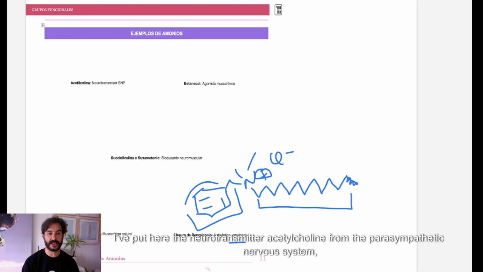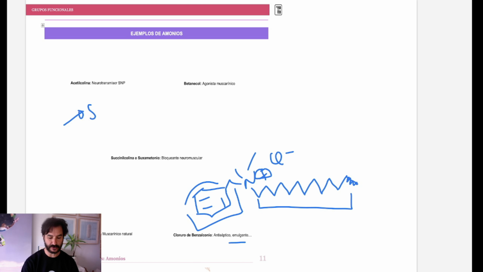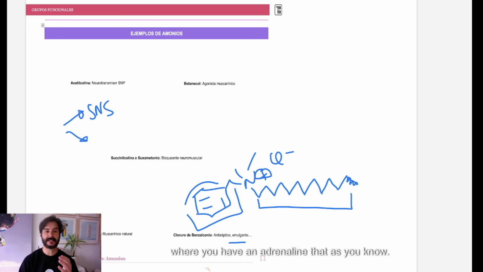Well, I've put here the neurotransmitter acetylcholine from the parasympathetic nervous system, of the autonomic nervous system. There is also the sympathetic nervous system, where you have adrenaline, which increases the heart rate, causes vessel constriction and bronchodilation.